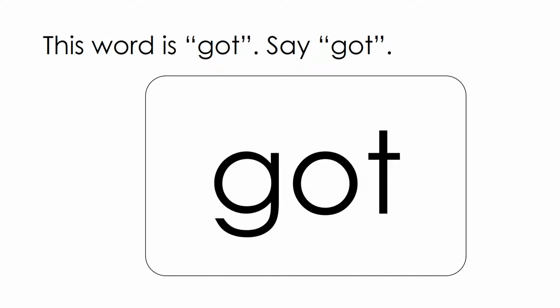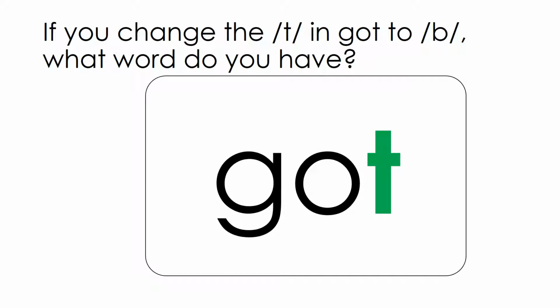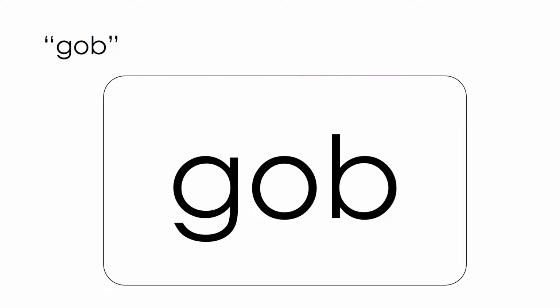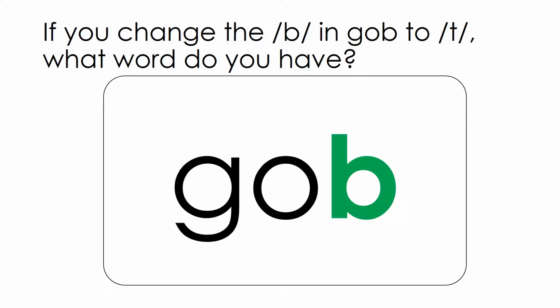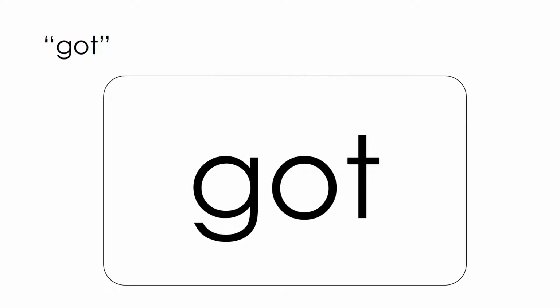This word is got. Say got. If you change the T in got to B, what word do you have? Gob. If you change the B in gob to T, what word do you have? Got.